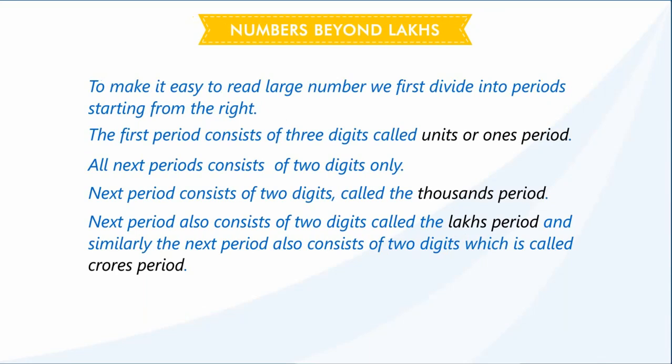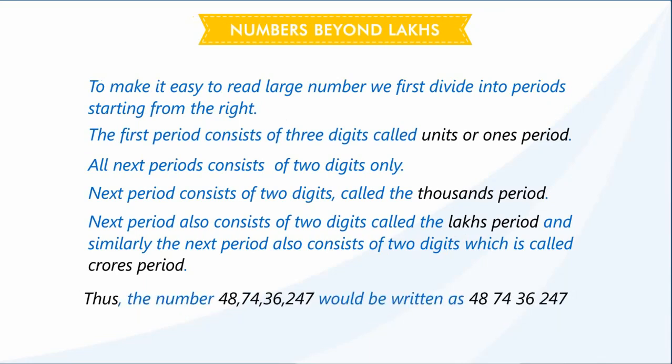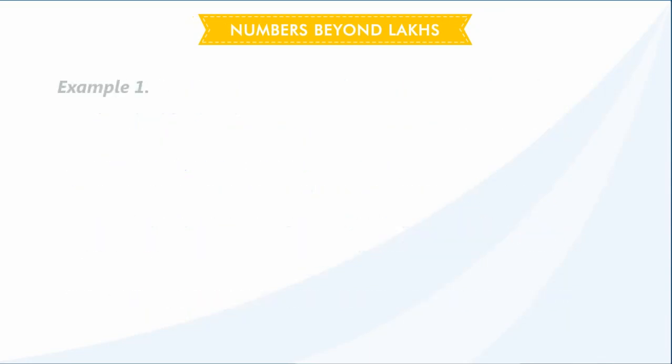Similarly, the next period also consists of 2 digits, which is called the crores period. Thus, the number 48 crores 74 lakhs 36,247 would be written as 48 74 36 247.